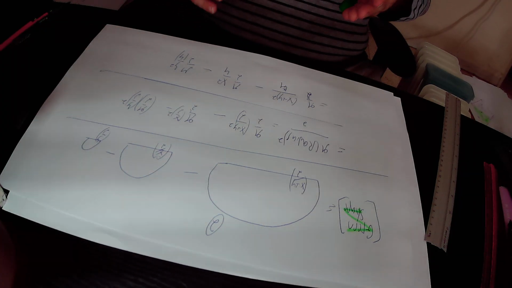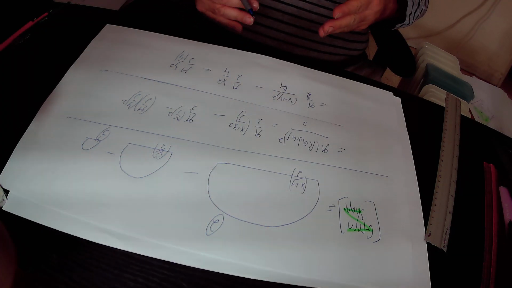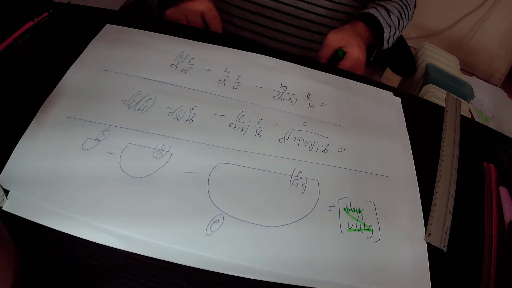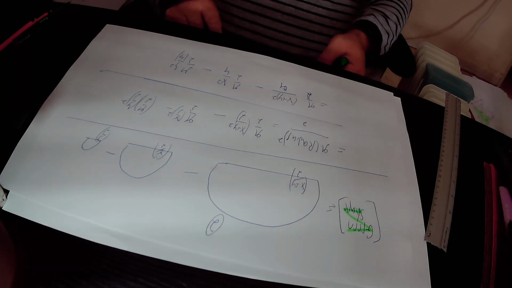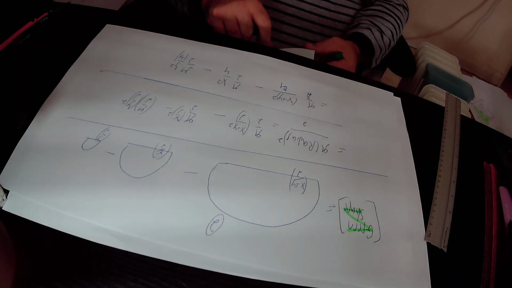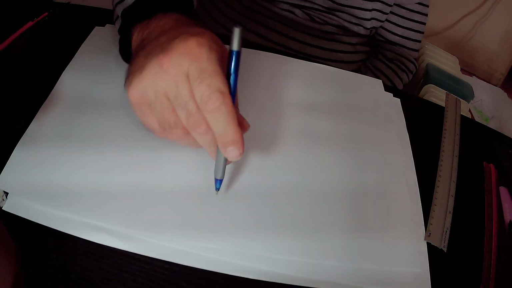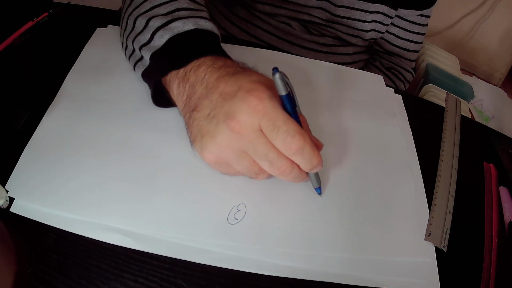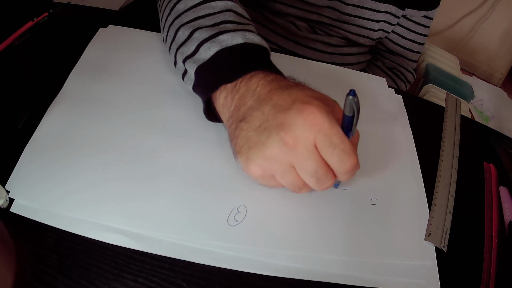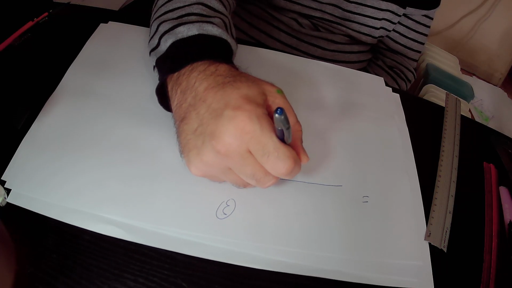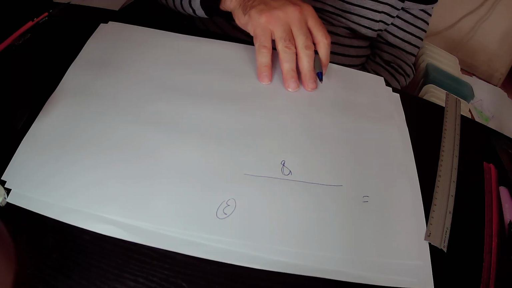So we take 8 as a common factor out of those three expressions. So in the denominator we have 8.